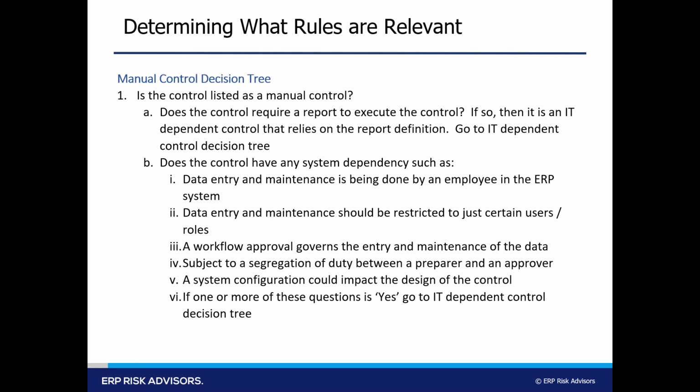Because Sarbanes-Oxley is all about management's assessment of risk, and then the auditors come in and validate the completeness of that assessment and the accuracy of the assessment as it's been implemented, in terms of design and operating effectiveness. So you really should be starting from the risk and control matrix.